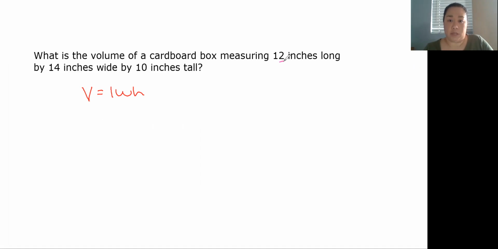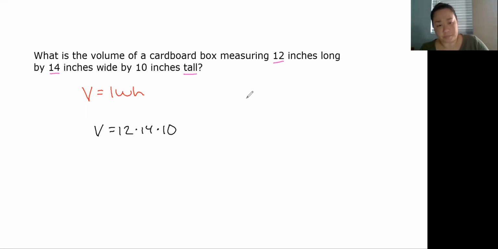I have length, width, and height. Tall is how high something is, right? So I'm going to take my volume equals my length, which is 12, my width, which is 14, times how tall it is, my height, which is 10.